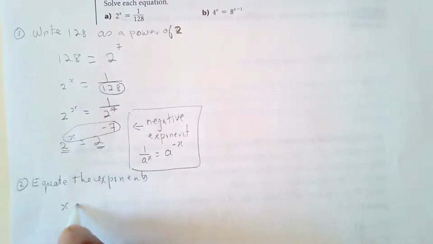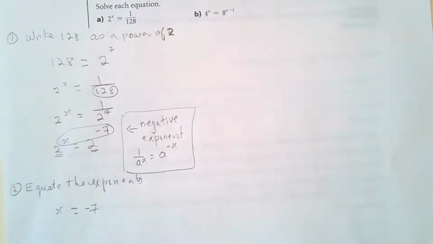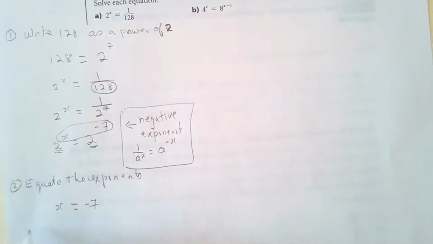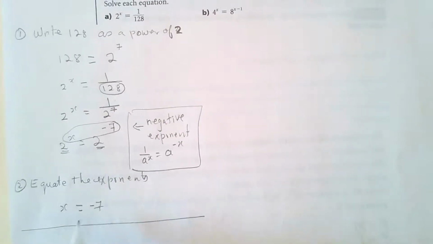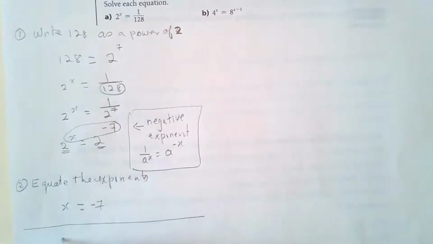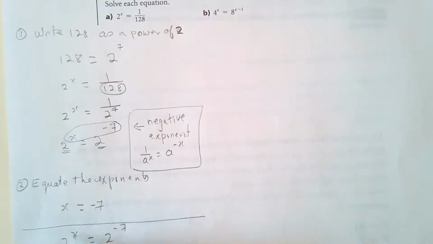So x is equal to negative 7. Now you can do a test if you desire. You could write this original equation: 2 to the power x is equal to 2 to the negative 7. So 2 to the negative 7 is equal to 2 to the negative 7.